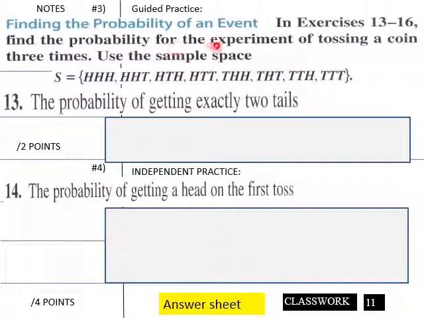So to find the probability for the experiment of tossing a coin 3 times, here's our sample space. The probability of getting exactly 2 tails.